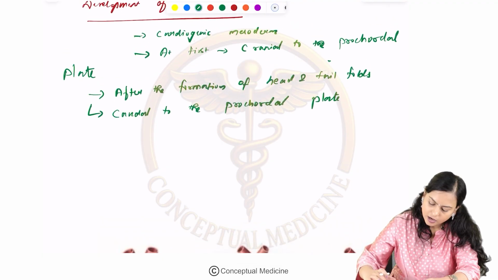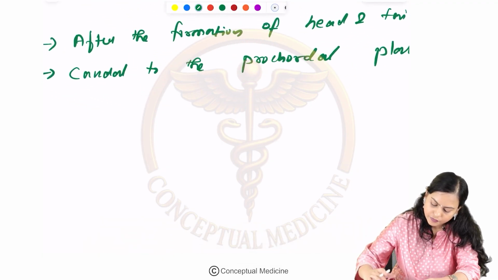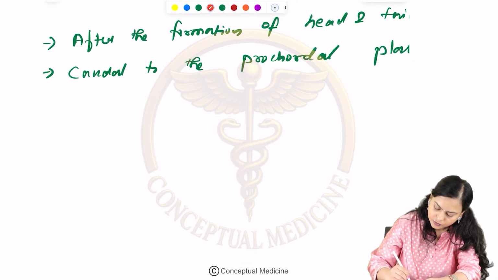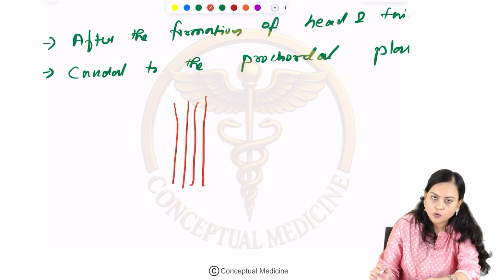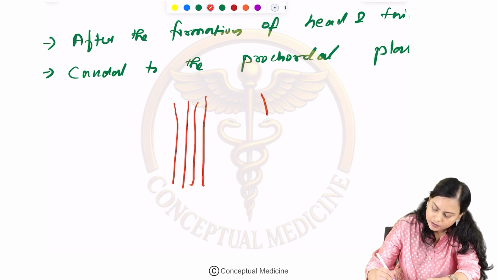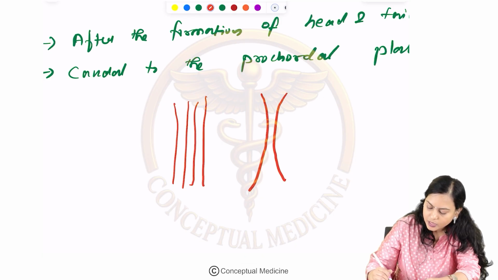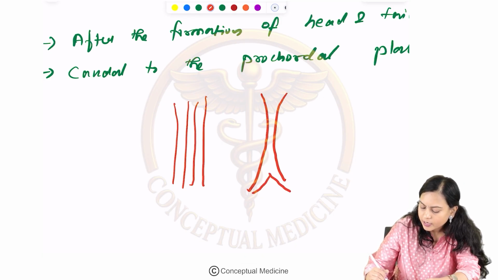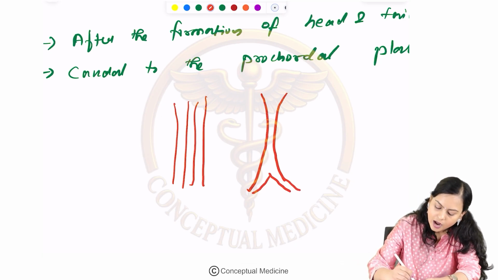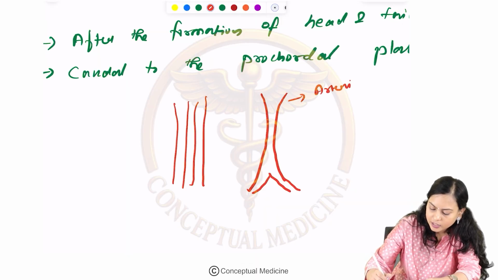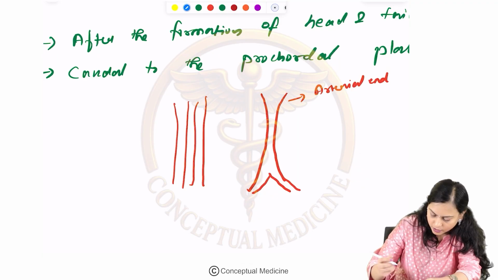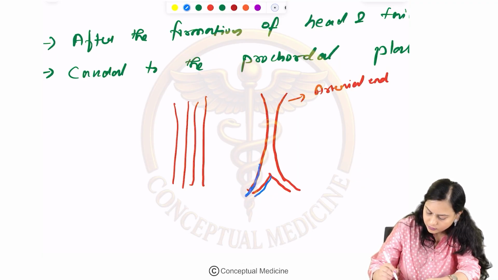Basically, the heart develops from two tubes. We have two tubes like this, and these two tubes will start fusing from the upper end to the lower end to form a single tube, but the fusion in the lower end is not complete. One more point you have to know is the upper end is the arterial end and the lower end is the venous end.